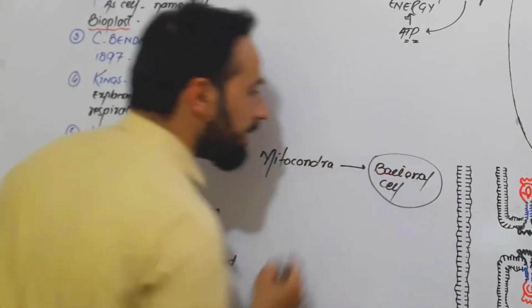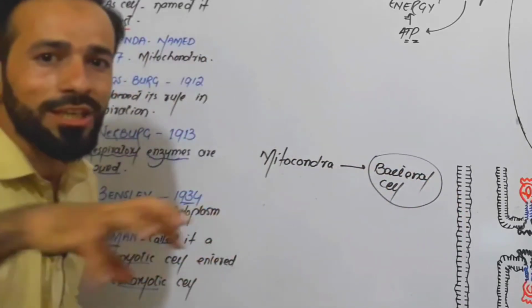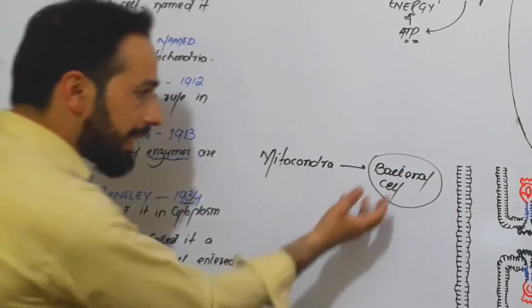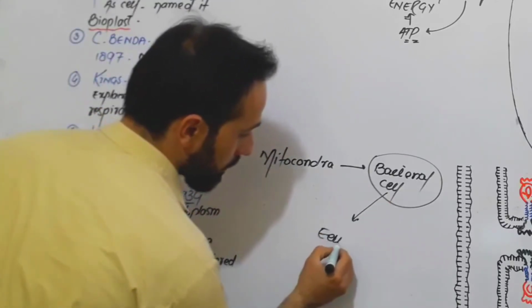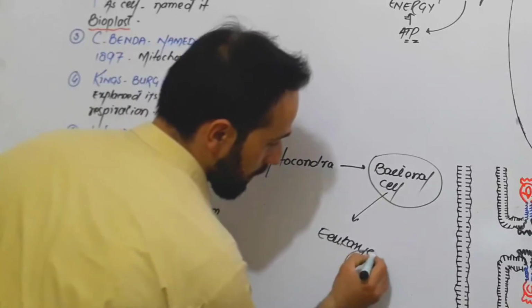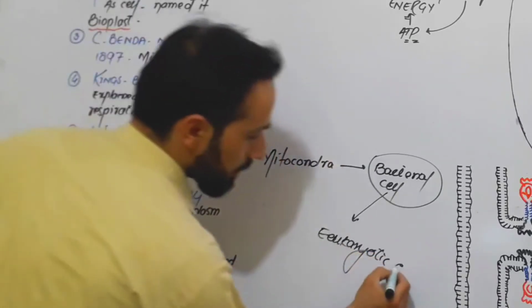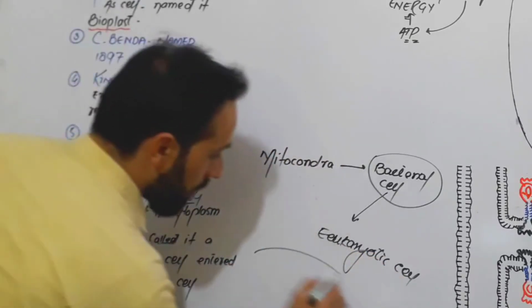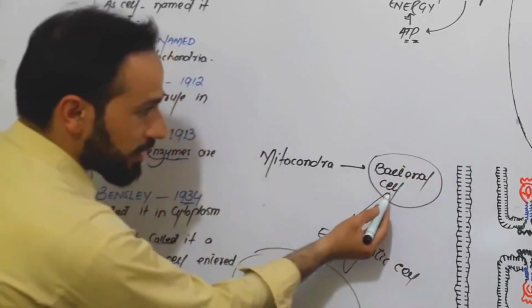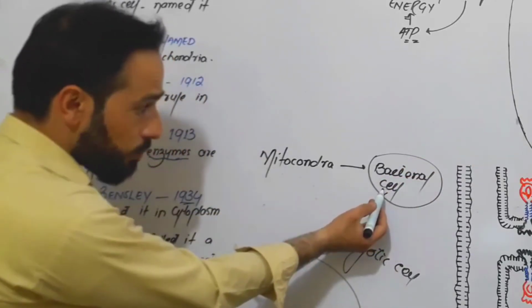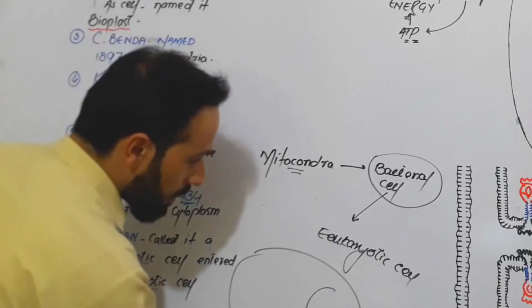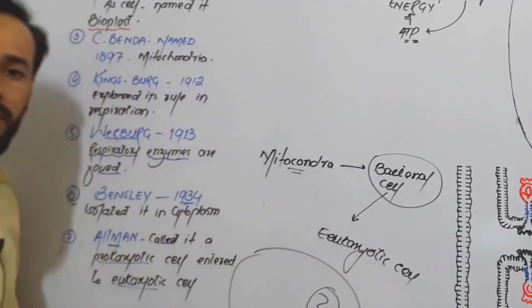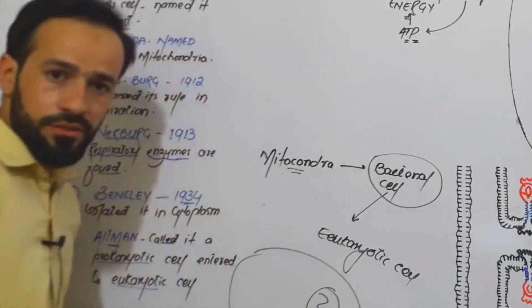This cell made some mutations and entered a eukaryotic cell, and now that bacteria, which was named mitochondria, is living inside a eukaryotic cell, right?